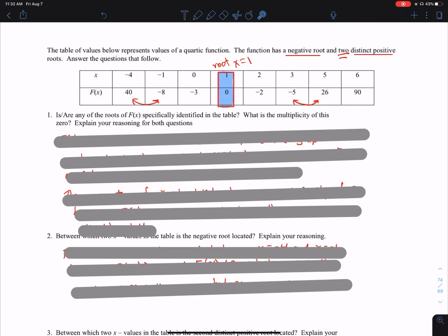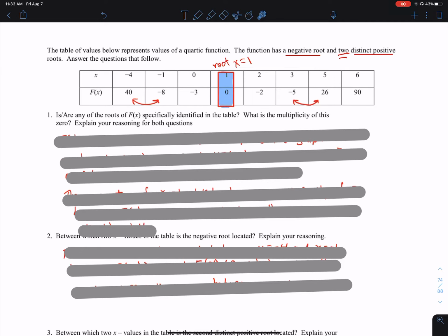This is positive and this is negative. Someplace between these, it has to cross the x-axis. There has to be an odd multiplicity for that 0 because it crosses from being above to below. Over here, same thing. We're going from a negative y value to a positive y value. So the graph has to cross the x-axis someplace between them. So that's just big picture.